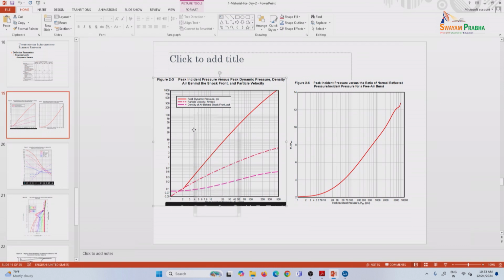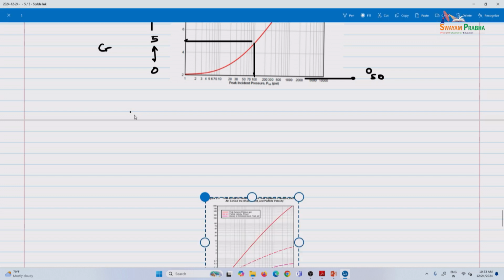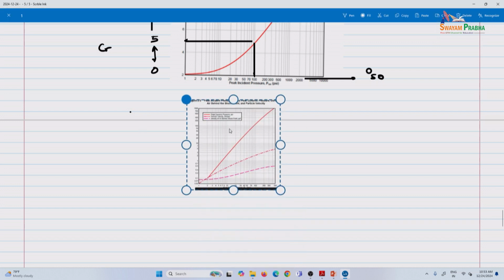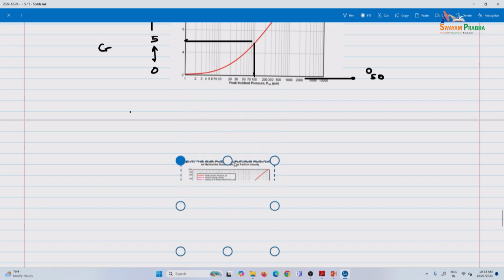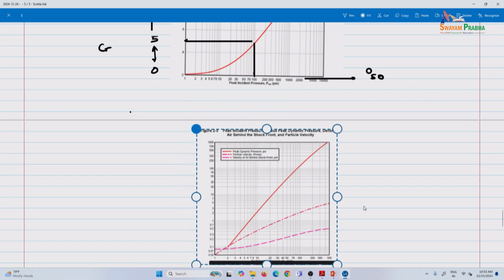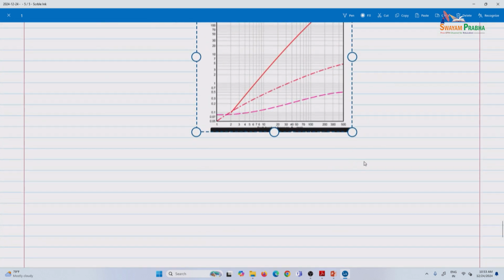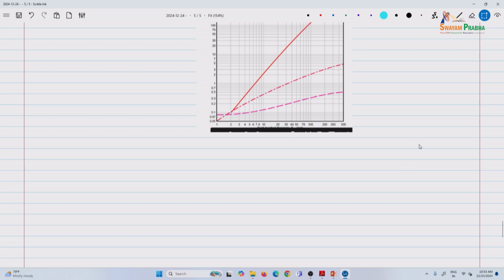And the other things that we talked about yesterday is the wind pressures.